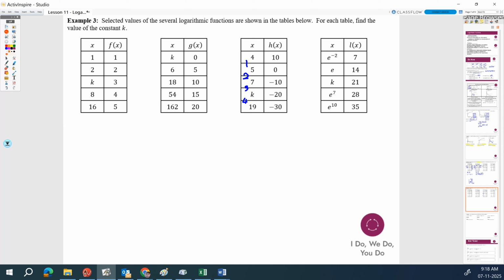With this type of question, they're never going to be making it too tricky for you. It's never going to be unlimited powers. You're working without a calculator on this one. You're going to be either getting the powers of 2, which are 1, 2, 4, 8, 16. You might get the powers of 3: 1, 3, 9, 27, 81.